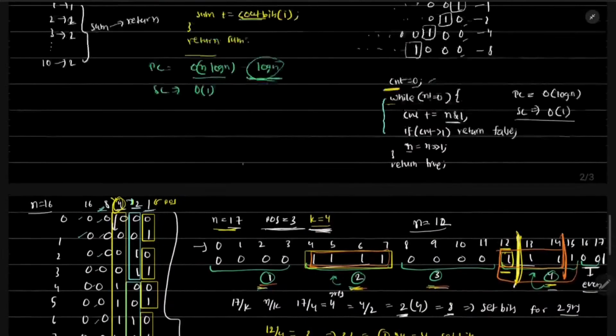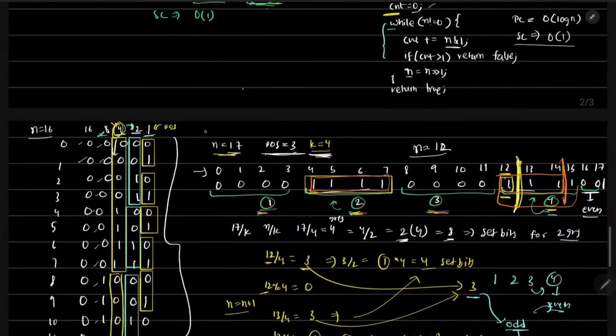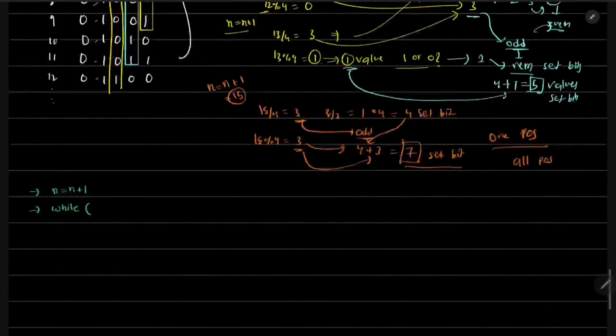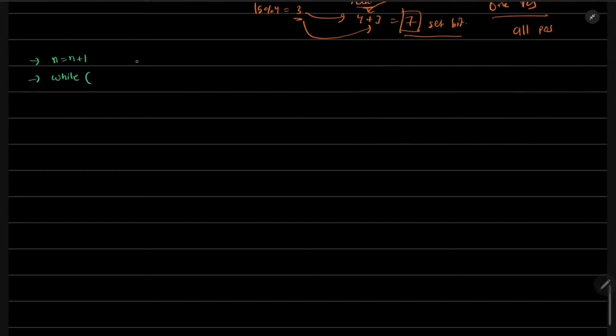We have to do n equal to n plus 1 first, then we'll do a while loop. We have to check each position: 2 power 0, 2 power 1, 2 power 2, 2 cube, until which power we need to check?